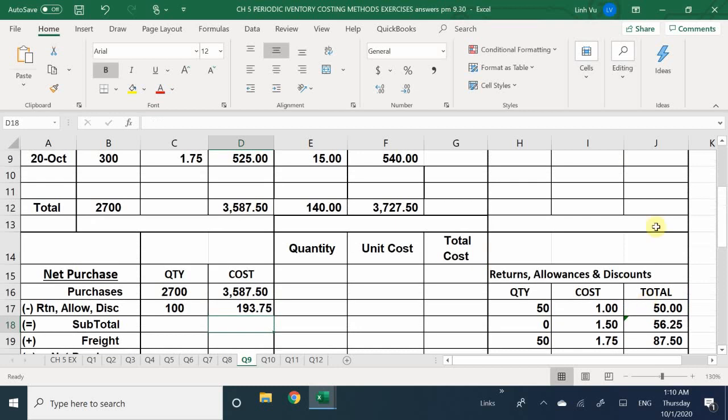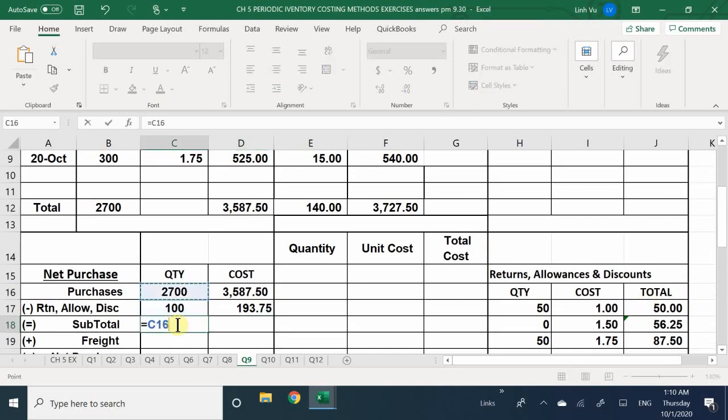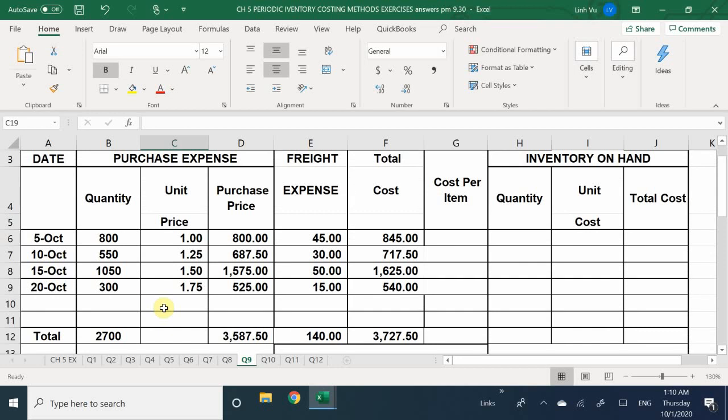Okay, so now I am going to calculate my new total. Since I purchased a total of 2,700, I've actually lost 100 items because I returned 100 of those items.